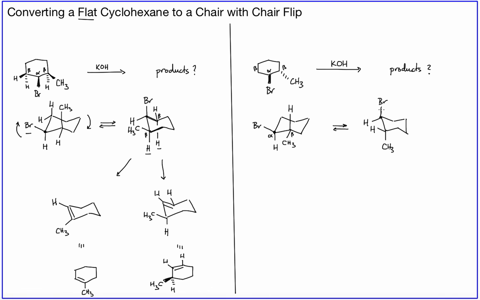So we see that the leaving group is axial, but now on this beta carbon here, this hydrogen is no longer axial, it's equatorial. So the elimination cannot occur from this beta carbon. It has to occur from this beta carbon, which has an axial hydrogen.